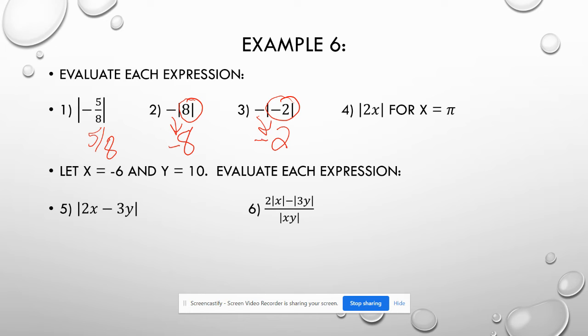The one on the outside has to come down, so the answer is -2. 4 is telling us first to plug pi in for x, so the absolute value of 2 pi. Again, whatever is on the inside, the absolute value is that, just making sure that it's positive.